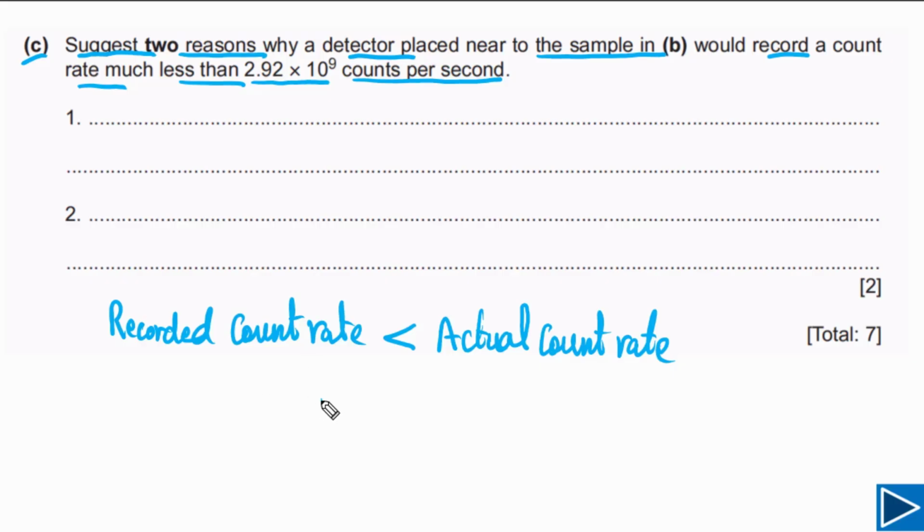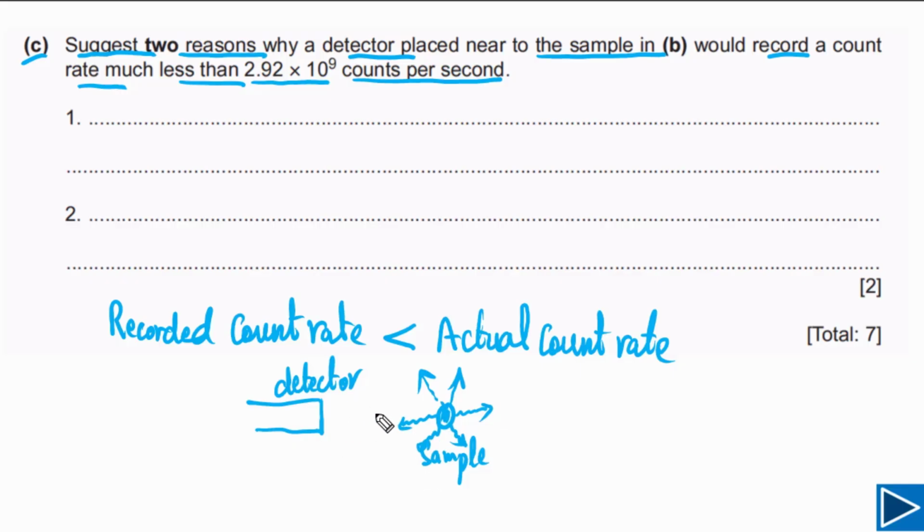So imagine that we have a detector first of all. We place one detector here, and we place one sample here, a radioactive substance sample. This radioactive substance will emit radiations in all directions. They will not go in one direction.